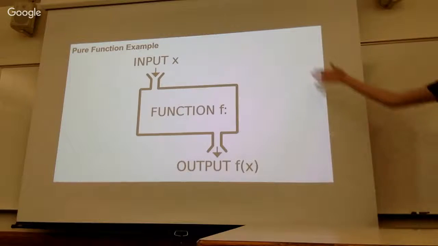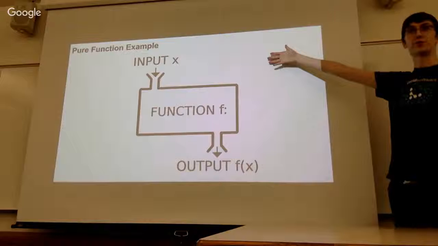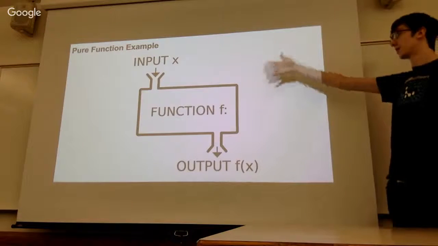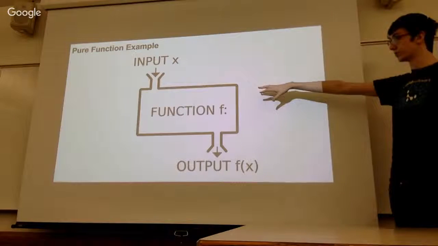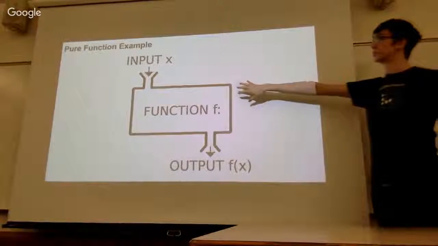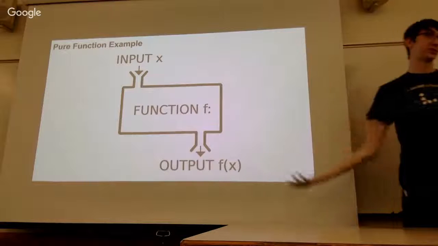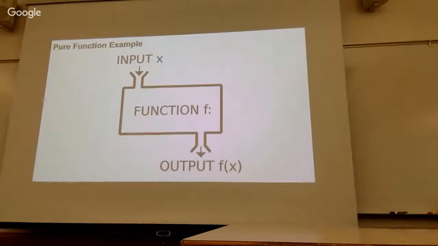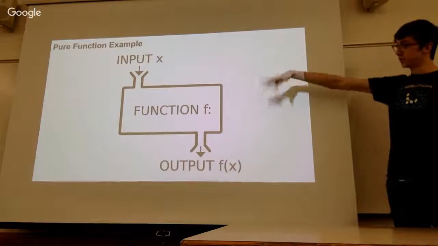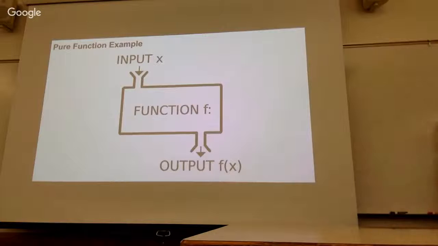It has the input, the parameters that you put into it, right? It has the function, which does some sort of transformation to the input, but not actually modifying the input itself, and then it outputs it. So that's what a pure function is. It's very simple. It's kind of one thing. It just takes the input, does something, and then generates an output.